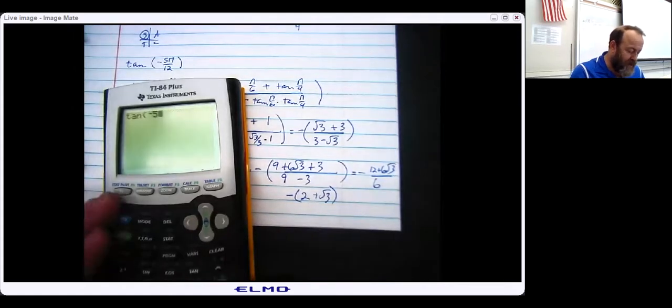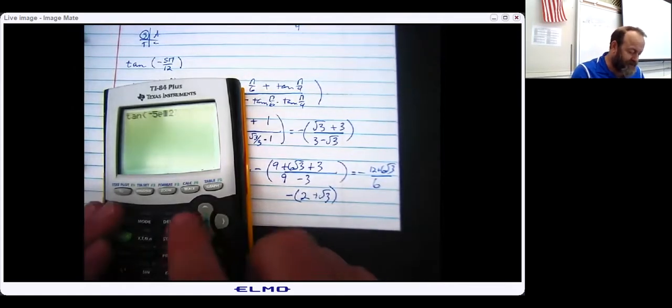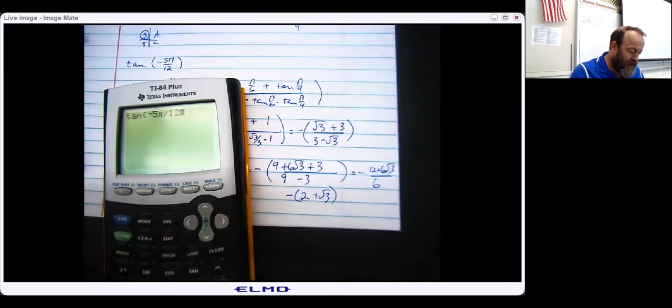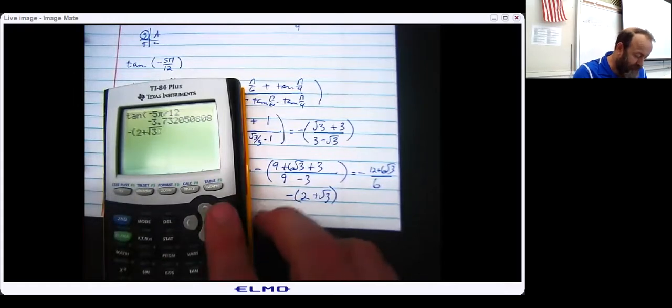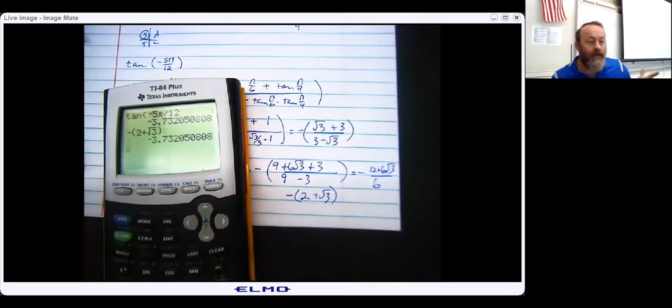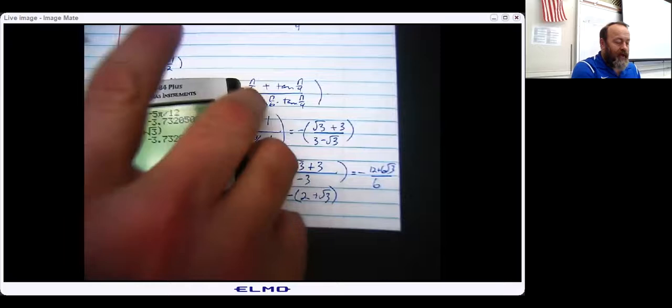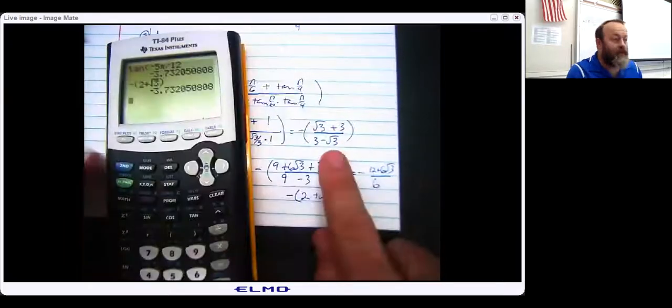So let's take a look at the tangent of negative 5 pi over 12. Again, kind of a nasty looking answer. My final answer was negative parentheses 2 plus √3. That worked, but some of you may have stopped a little bit early, like right up here.